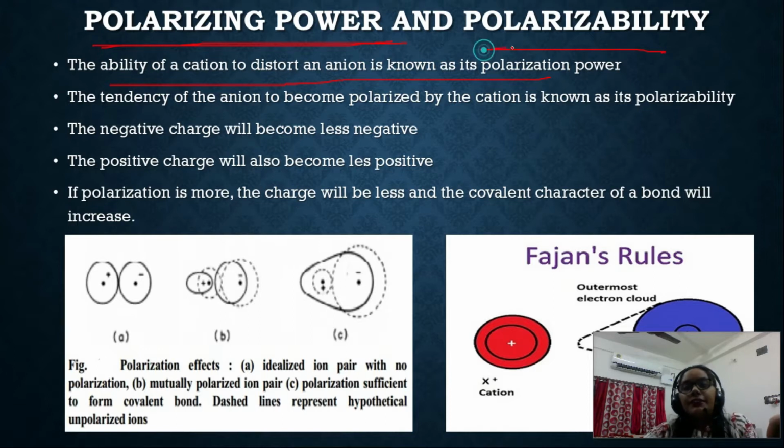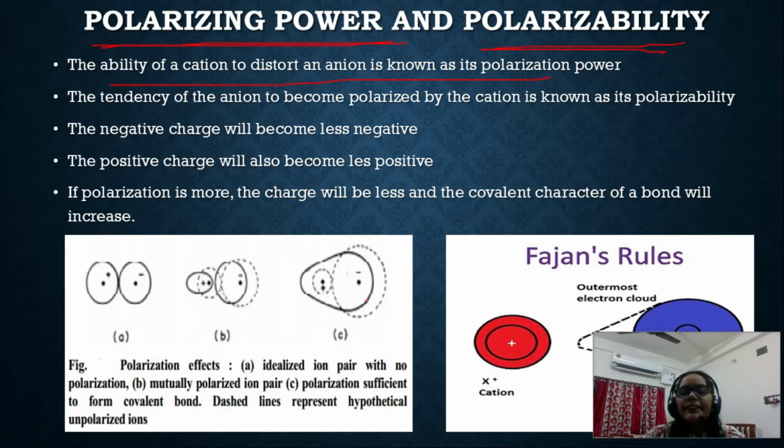And the polarizability is actually related to the anion. Polarizability is how much the anion allows its electron density to be distorted. In the presence of a positive ion, the electron density will come closer to the positive ion, attracted by it.